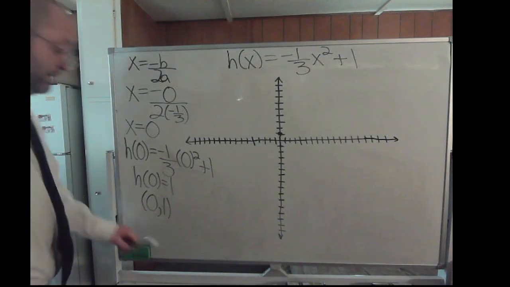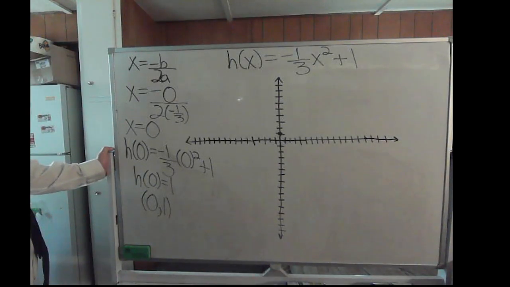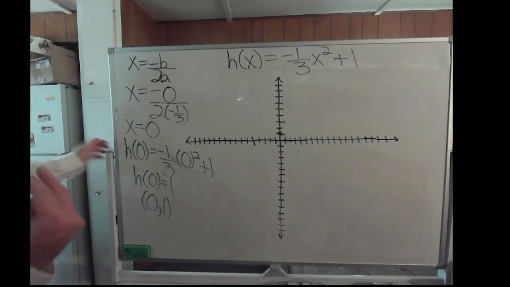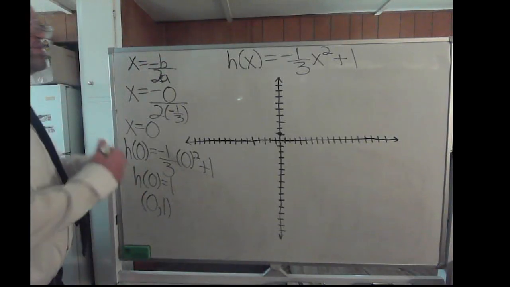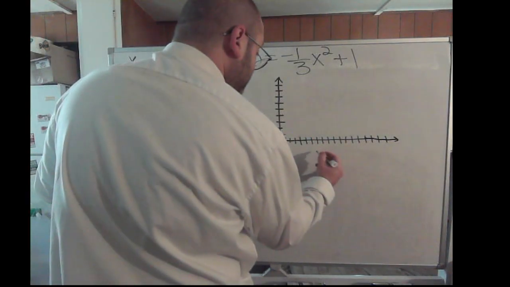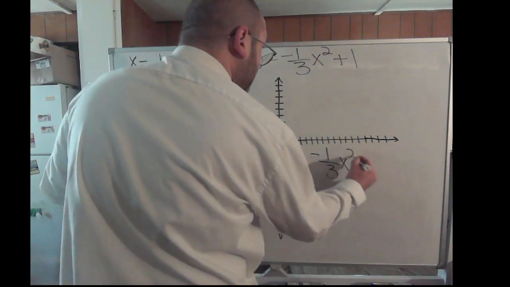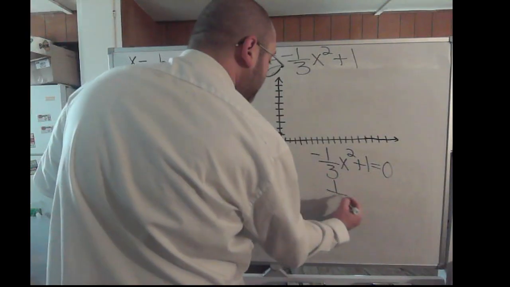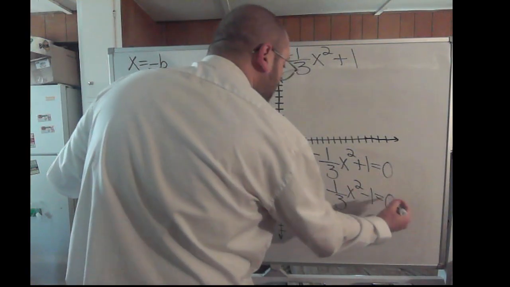All right. Now, what we have here is the vertex. We want to find at least 2 other points to graph. I would just take this function and set it equal to 0. Negative 1/3 x squared plus 1 equals 0, which would have to mean that 1/3 x squared minus 1 equals 0.